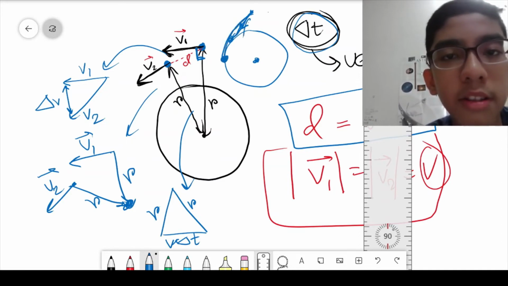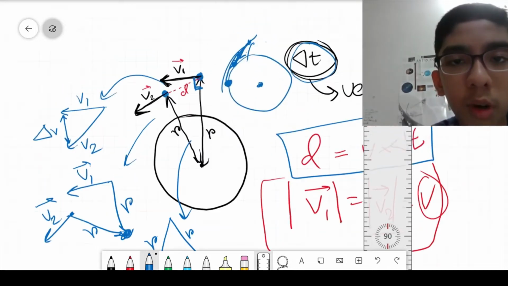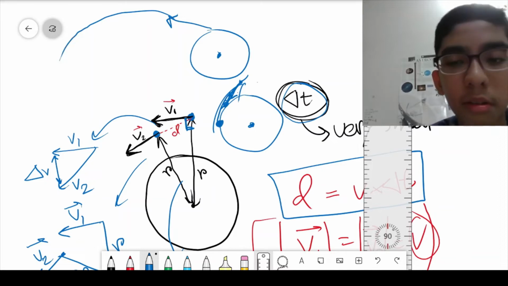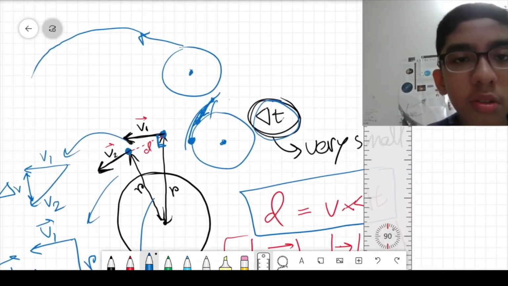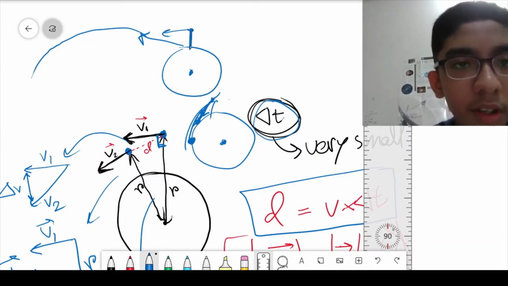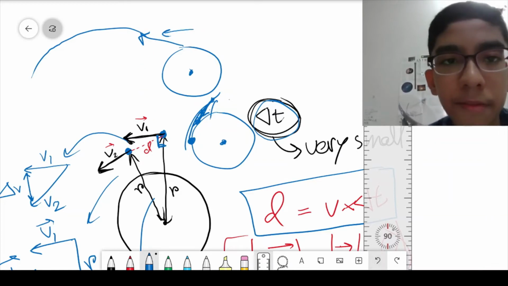Okay, but that's not what we want. Or even if the velocity is directed elsewhere, it will just go off and not be able to orbit the planet. So therefore it must be parallel to the ground or the surface, so that it never actually touches or gets directed towards the surface.